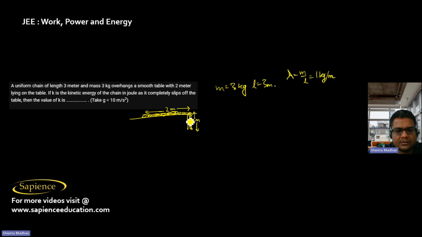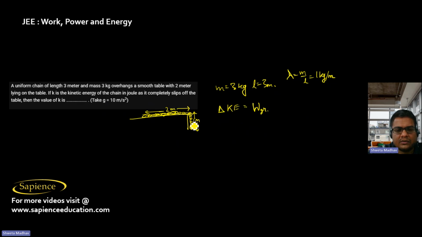So here, we can say that kinetic energy that it will gain when it will completely slip off, that will be equal to the work done by gravity. Since we know work done by all forces equal to change in kinetic energy.